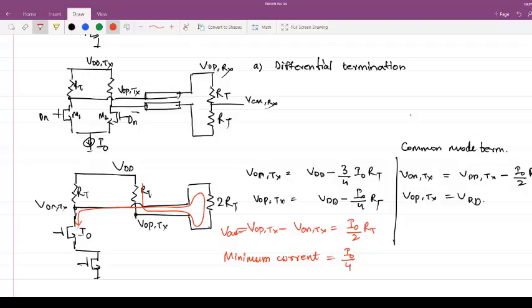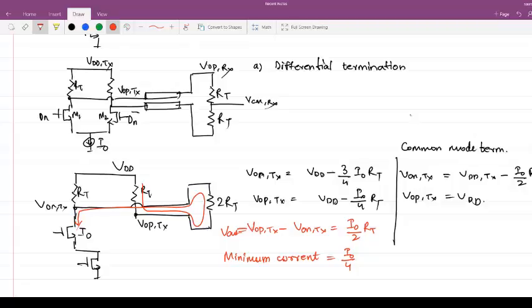So I naught by 4 is the minimum current you are passing through the load transistor to generate the swing I naught by 2 RT, and you cannot have any current lesser than that to produce the same output swing. Does everyone recognize this? The minimum current to produce a swing across a 2 RT resistor is I naught by 4.